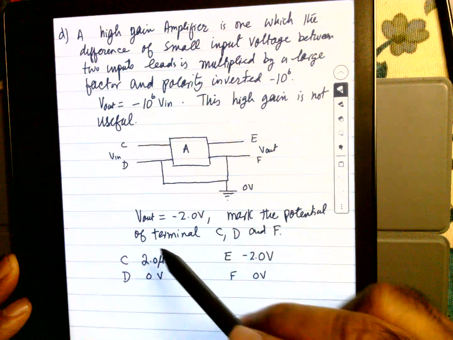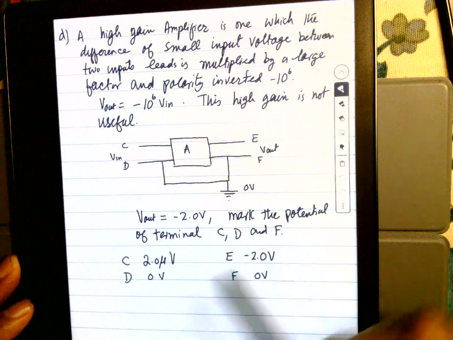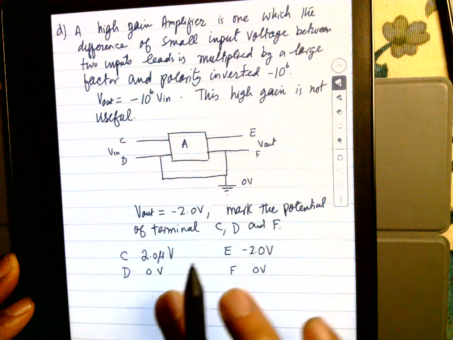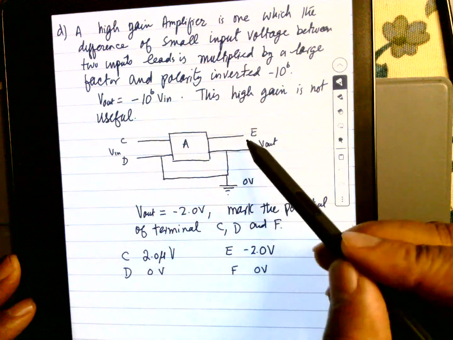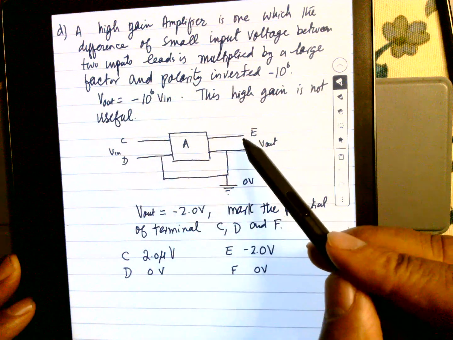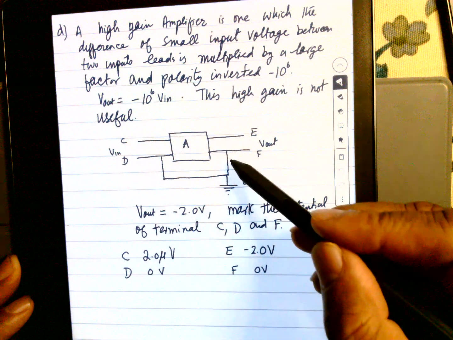So mark the potential of the terminals C, D, E, F. There are four options. So C is 2 microvolt, D is 0 volt, and F is 0 volt.